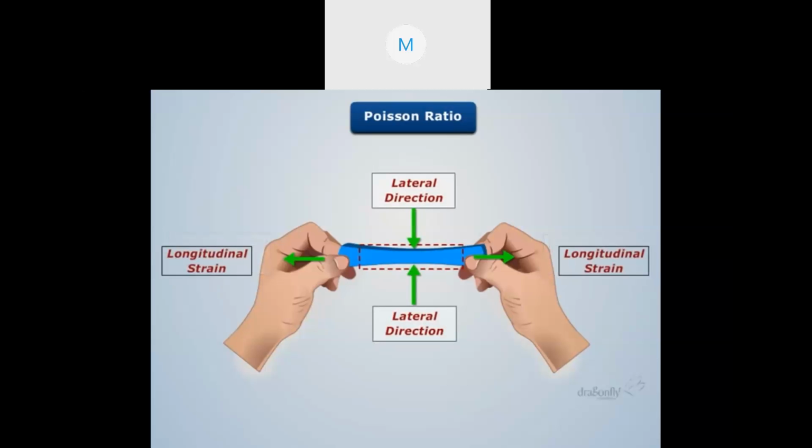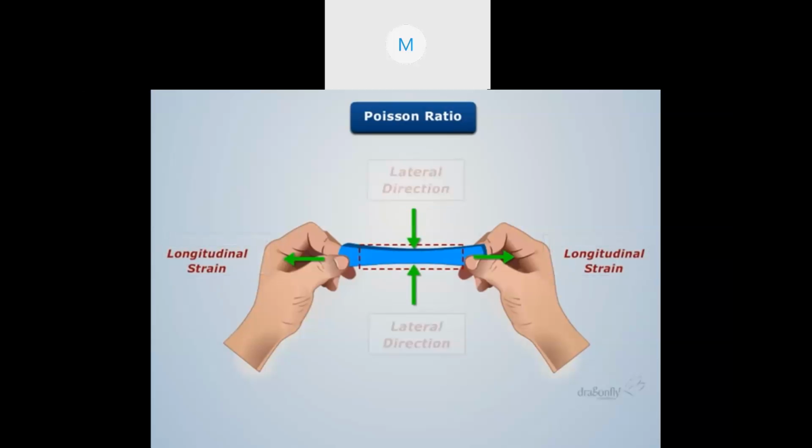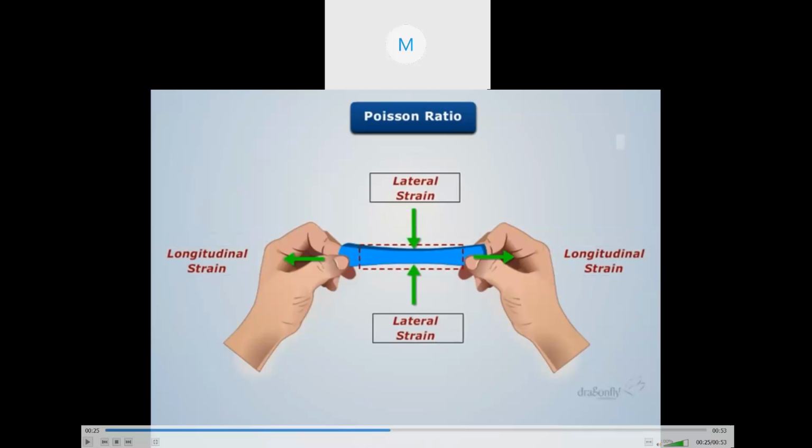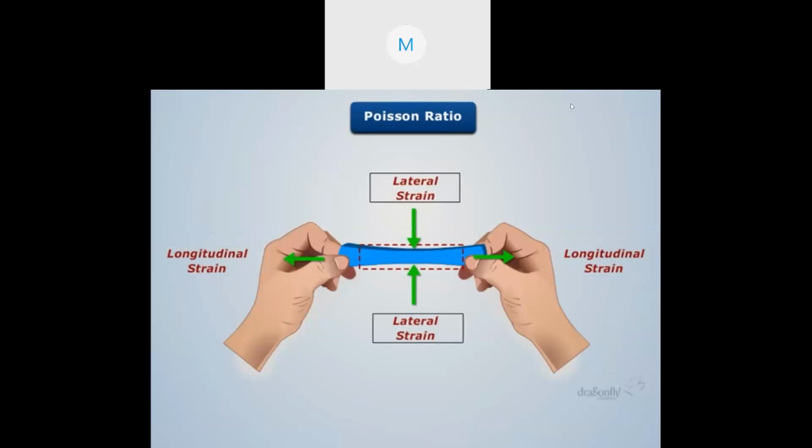Now what happens? This is longitudinal strain, that means the strain in the longitudinal direction, and this is lateral, in the lateral direction. If you pull this from both sides, there will be a lateral strain. Lateral means if you can see the directions of the arrows in these directions, there will be lateral strains.